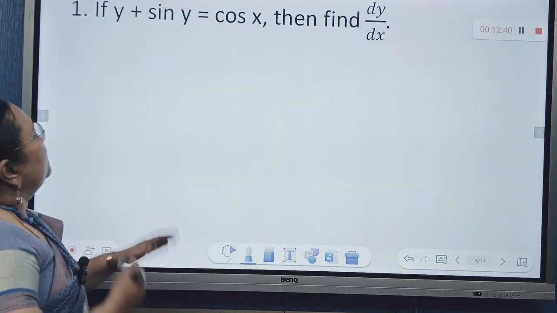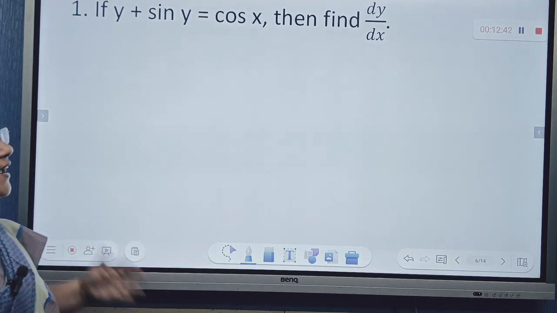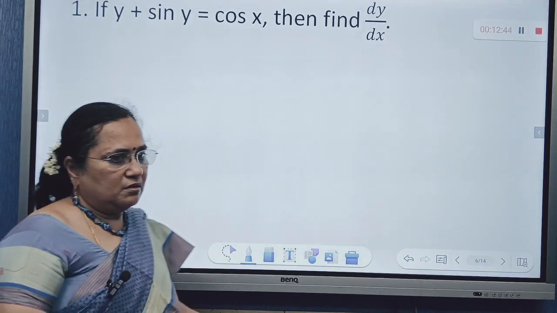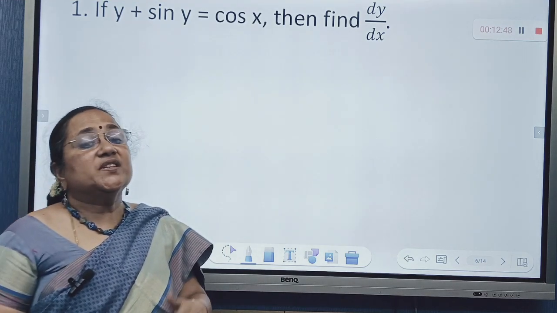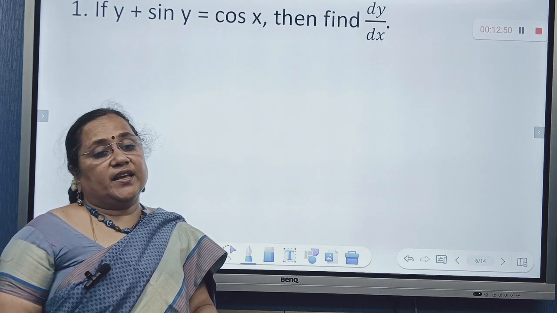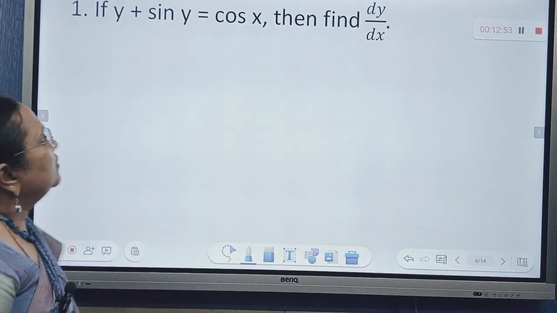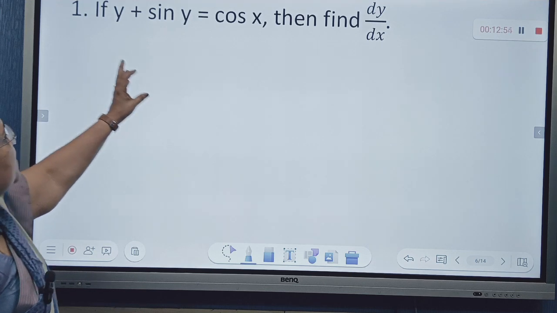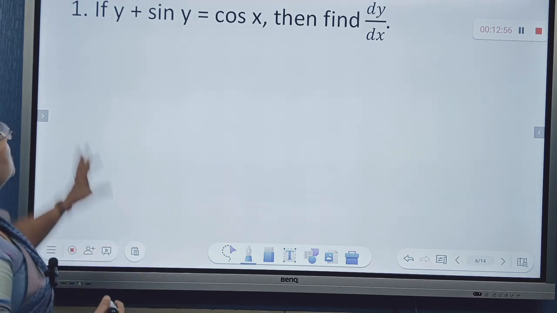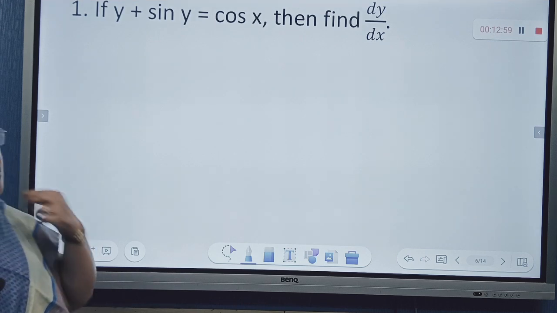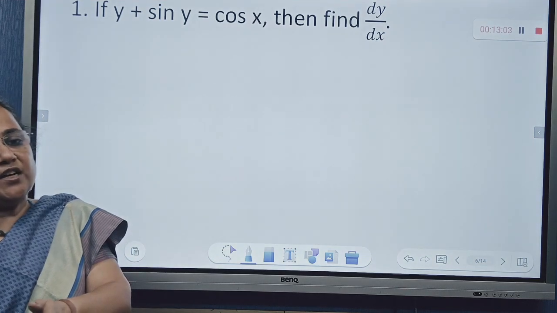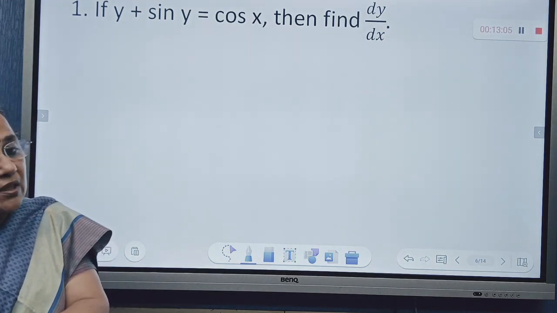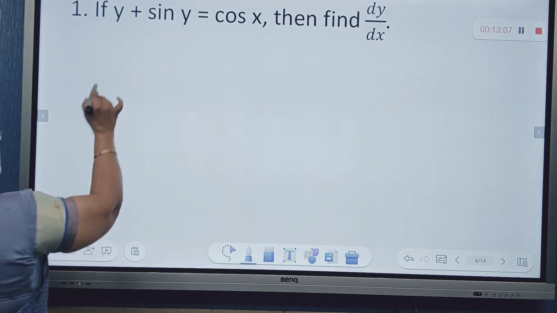But here, when you are given a mixture of y and x in an expression, then we say it is an implicit function, and we will see how to differentiate in the case of such functions. Now you can see it is y plus sin y equal to cos x. But we know that if a plus b equal to c, then you differentiate the first term plus the derivative of the second term equal to derivative of the third term. So, that is the process we are going to use.